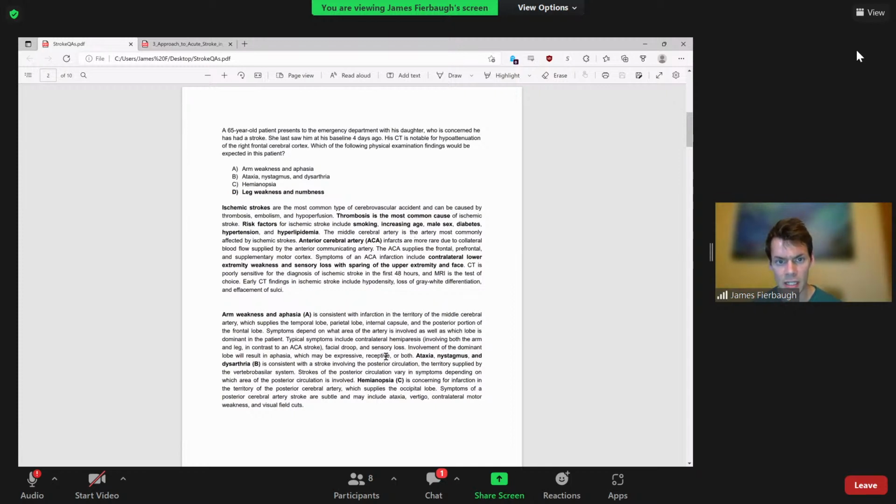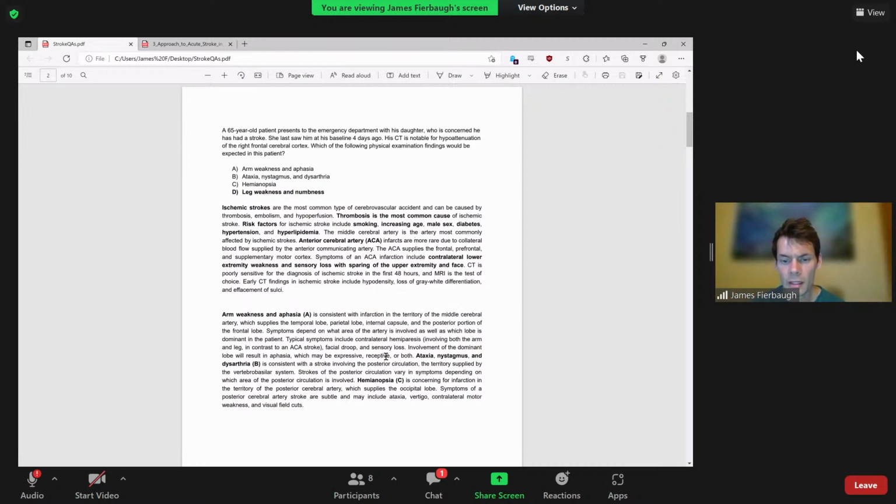We would be seeing hypoattenuation within those arterial distributions as well. So if it's limited to the frontal cortex, those findings are most typically seen in the anterior cerebral artery distribution rather than the middle cerebral artery distribution.